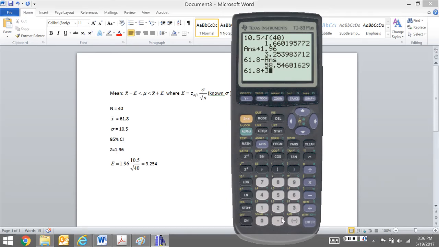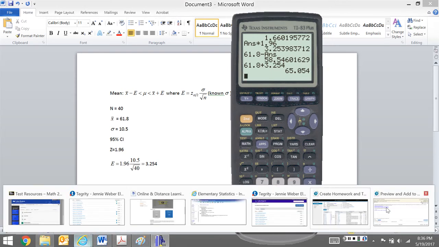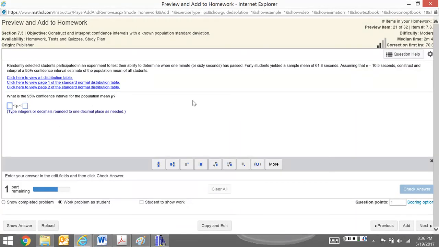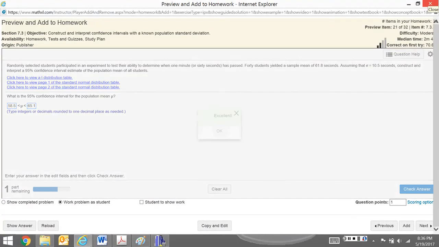And then I have to add my 3.254. And so 65.1, because we're rounding to 1 decimal place. So I'm going to come over here, and my confidence interval is 58.5 to 65.1.